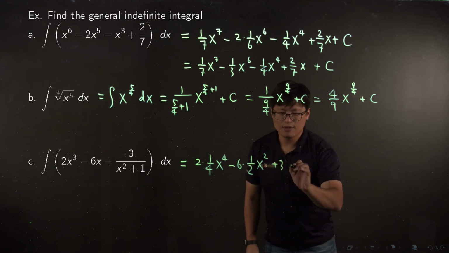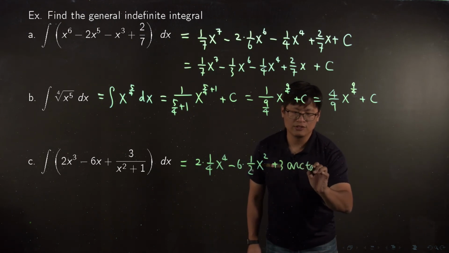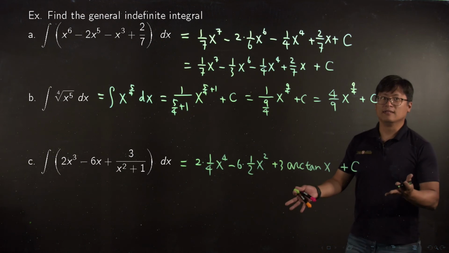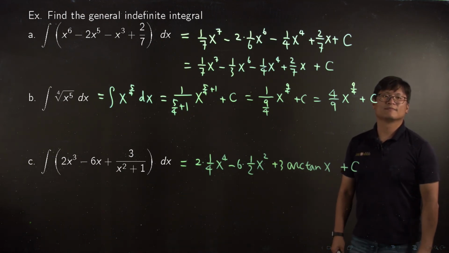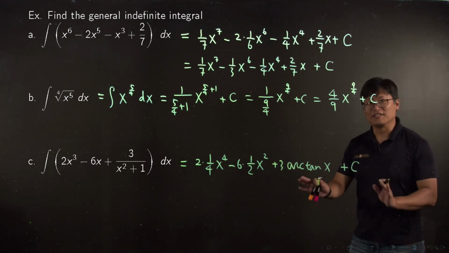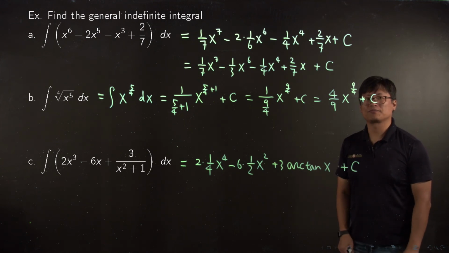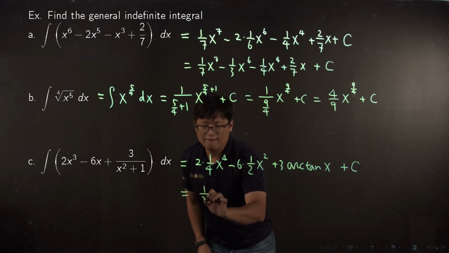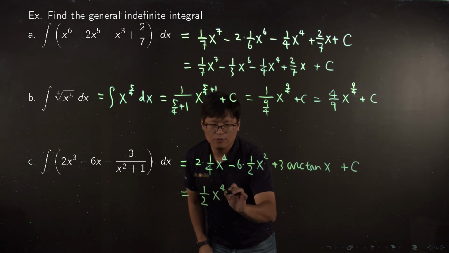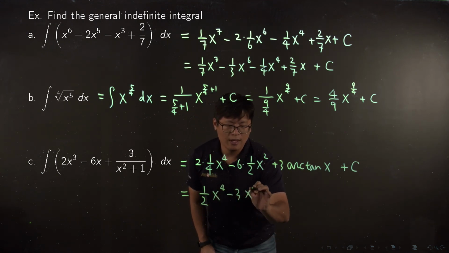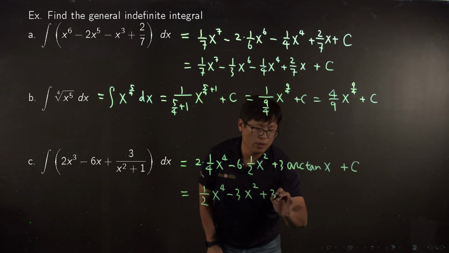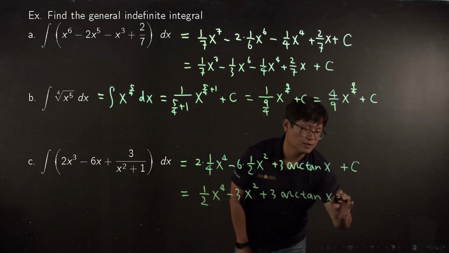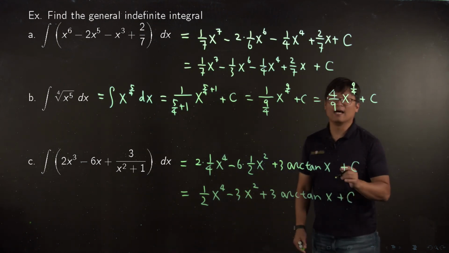So it is 3 arc tangent of x, and don't forget the constant c. Oh, not that's it, we have to simplify a little bit, okay? It is equal to 1/2 x to the 4 minus 3 x squared plus 3 arc tangent x plus c. Now, that's it.